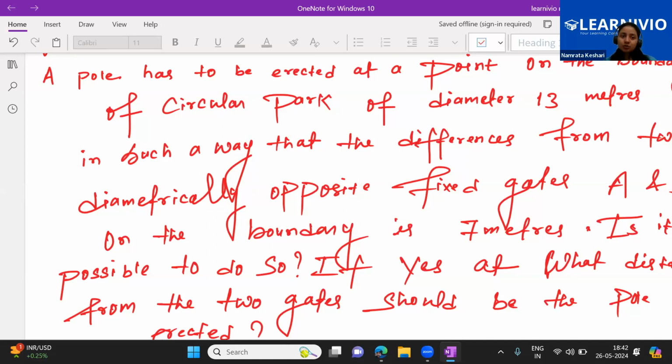Once we cover the syllabus, then we will go back and solve the previous year question from real number, a lot of previous year question from the next chapter, polynomial, and from the pair of linear equation chapter. So previous year questions we will be taking afterwards. Now in the class we are taking, but not that much.